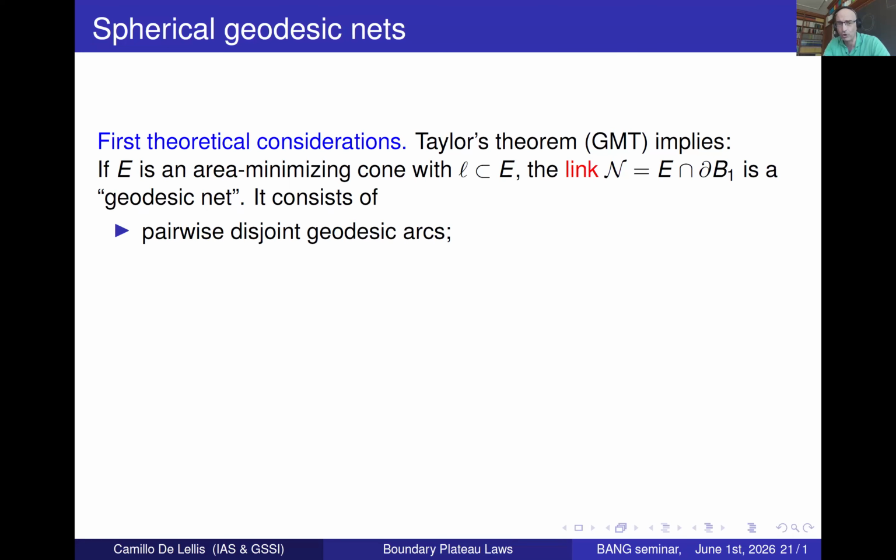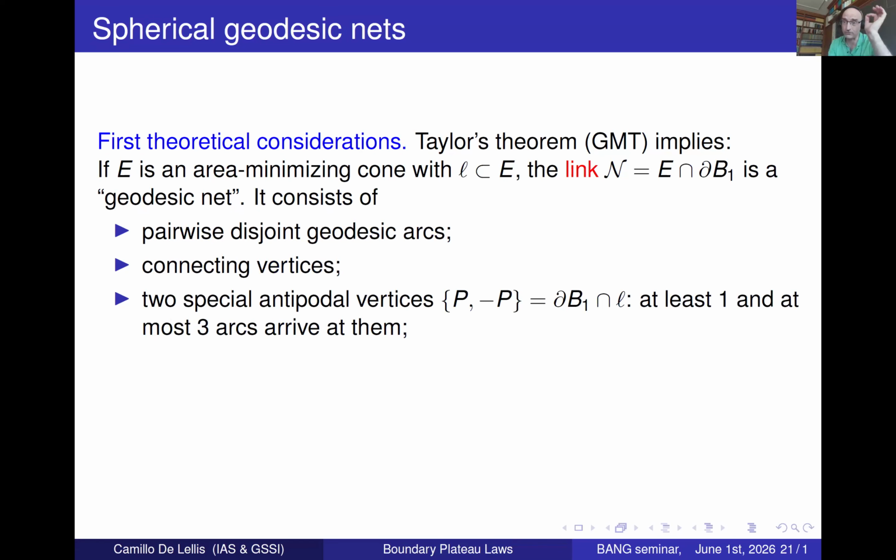They are pairwise disjoint geodesic arcs, or if you want, any two of these geodesic arcs can only have intersection at the extrema. They connect vertices. There are two special vertices, and these are the two antipodal points, P and minus P, which are the intersection of the sphere with the line L. At these points, there must be at least one edge arriving, but there might also be 2 or 3 edges arriving.